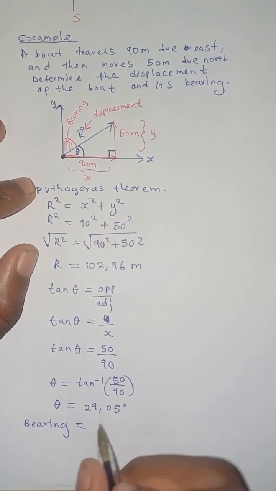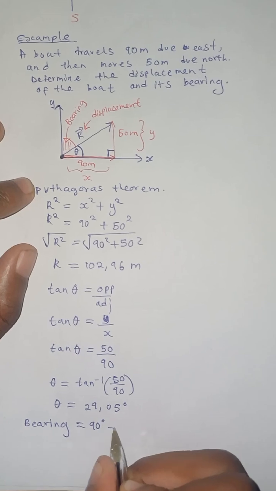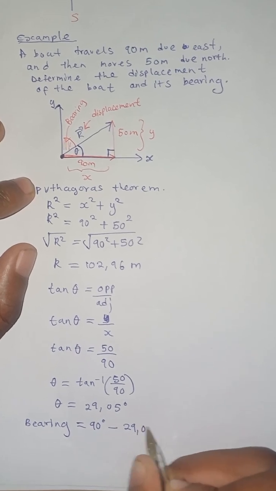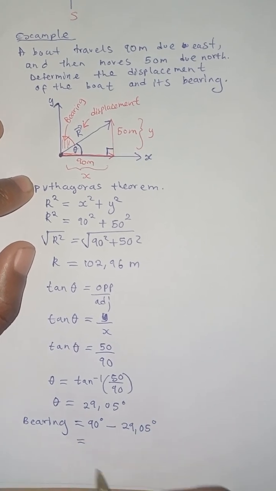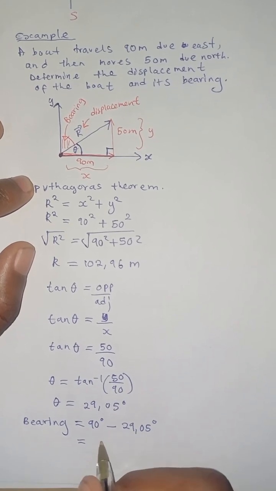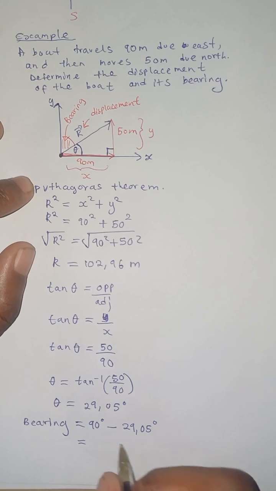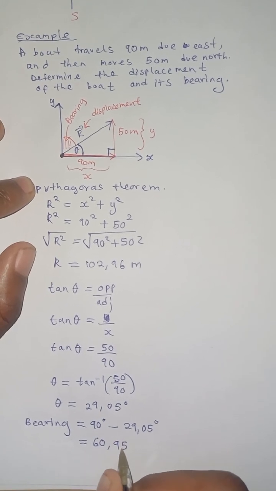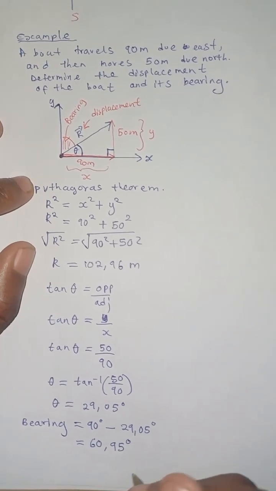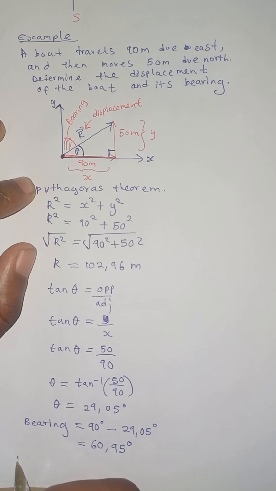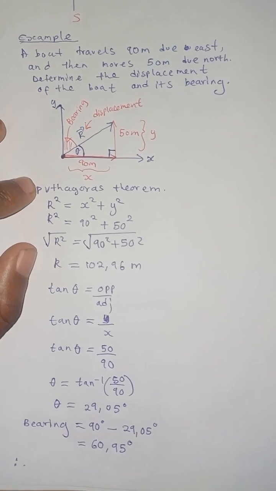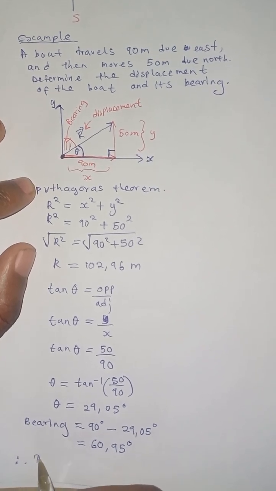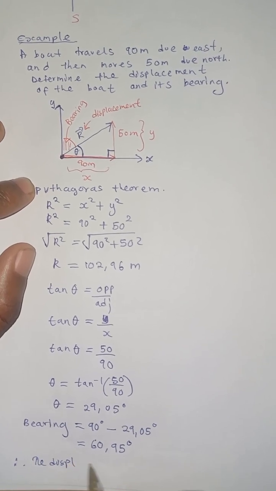So bearing will be 90 degrees minus 29.05. Then 90 minus 29.05 is 60.95 degrees.